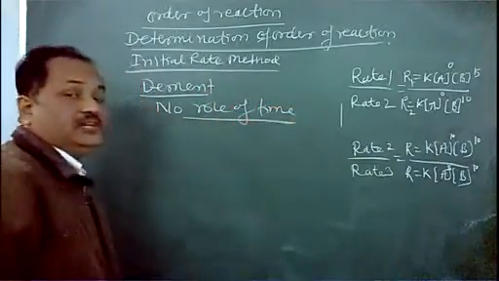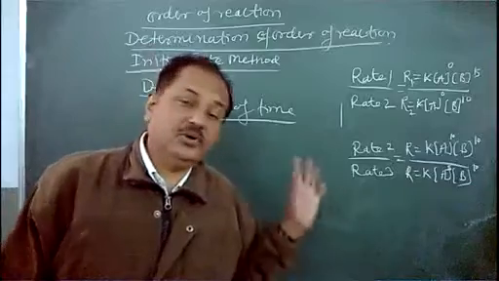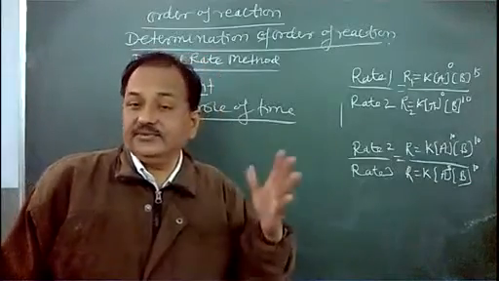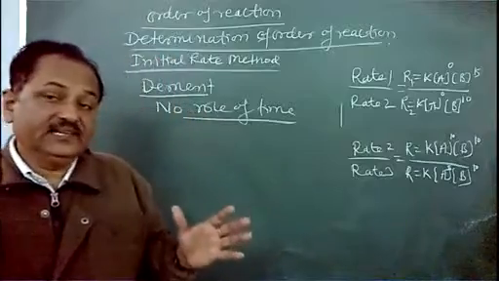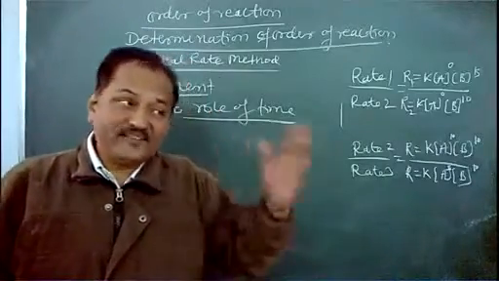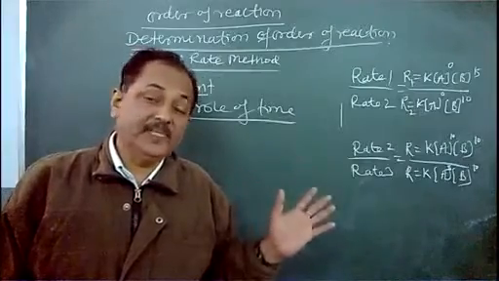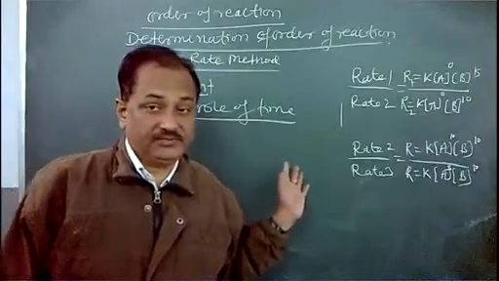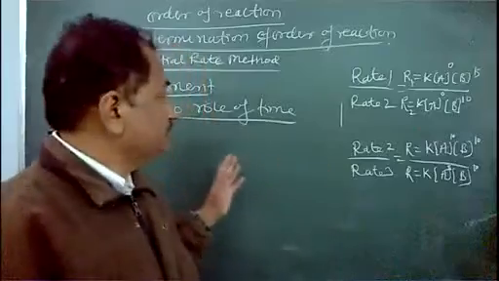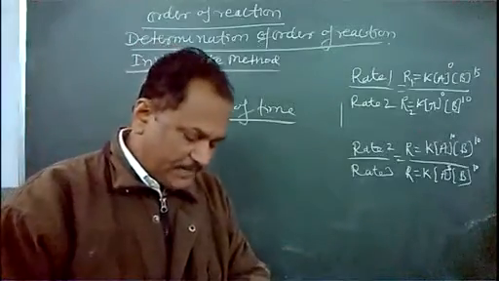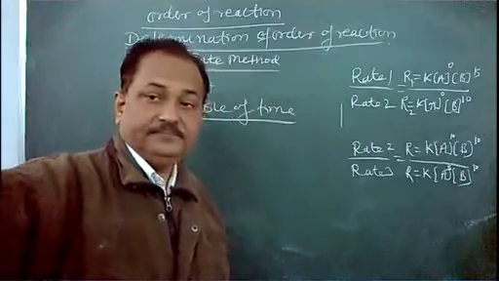Time is not involved in the process. So if we want to express what the fate of a reaction will be after some time, we are helpless, we cannot do this. So these are the basic points of the graphical method and the initial rate method.